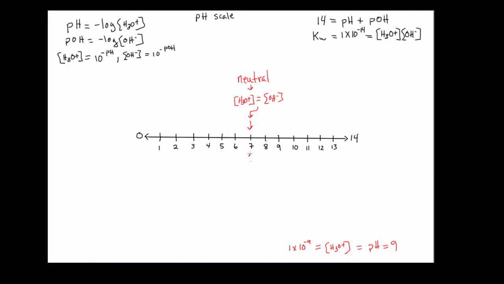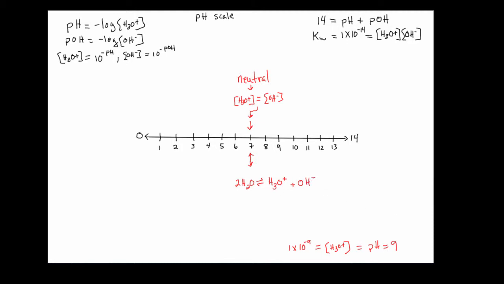And where the concentrations are equal, what you need to remember is this is where we've got the hydronium, or the H3O plus concentration, being dictated to us by this equilibrium, or this auto-ionization of water, where the water can exchange a proton with itself, producing OH minus and H3O plus.